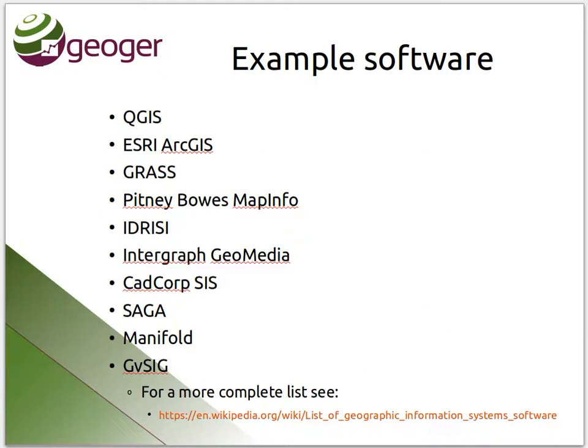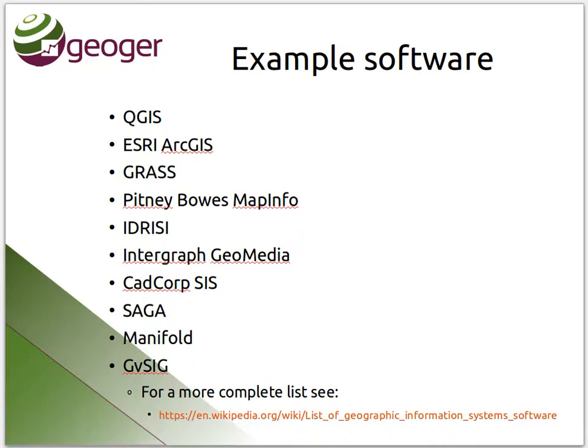Just to give you a quick overview of some of the names of software packages that you might come across. There are open source ones, such as QGIS, and then there are proprietary ones such as Esri's ArcGIS. GRASS is another open source one, and MapInfo, Idrisi, GeoMedia and SIS are all proprietary.